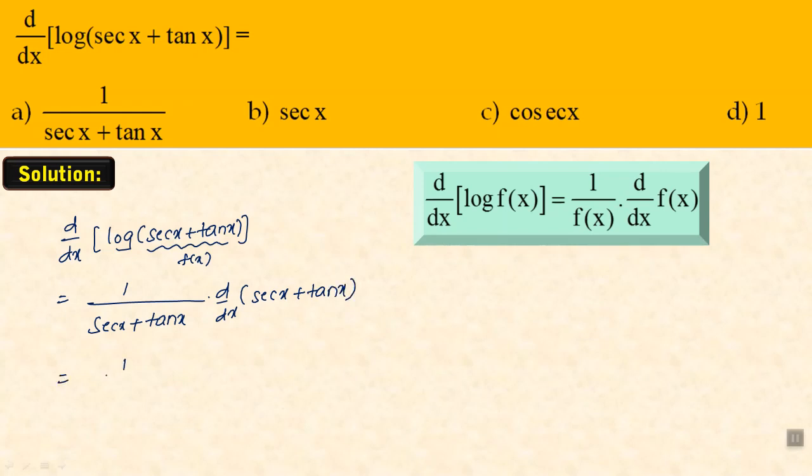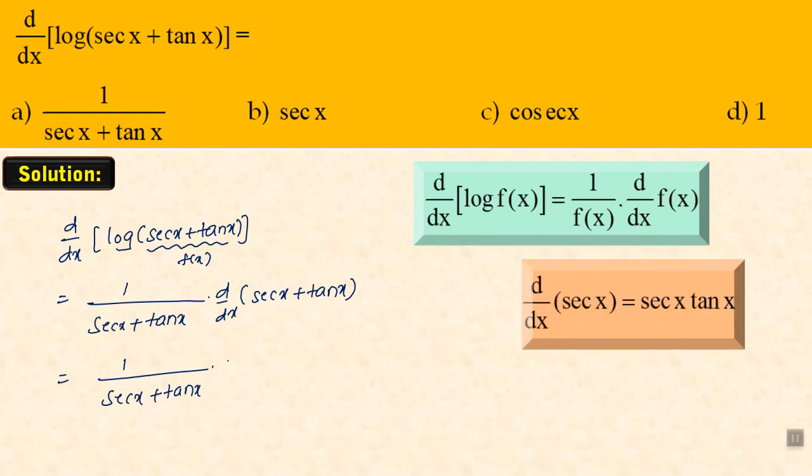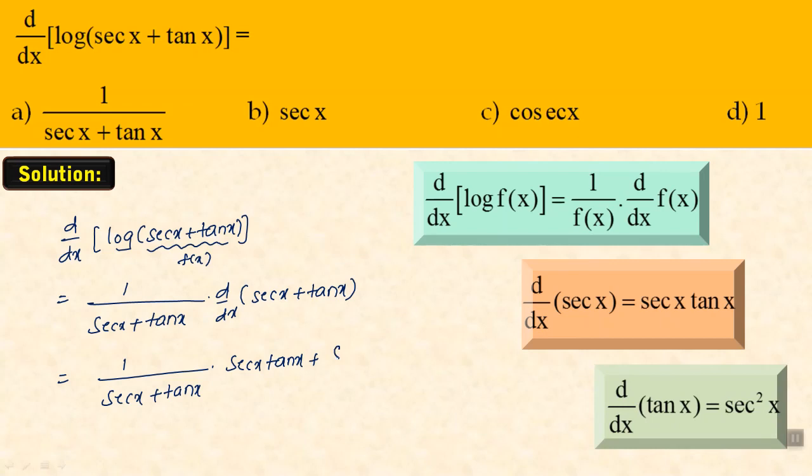This equals to 1 by secant x plus tan x into d by dx of secant x is secant x into tan x plus d by dx of tan x, that is secant square x.